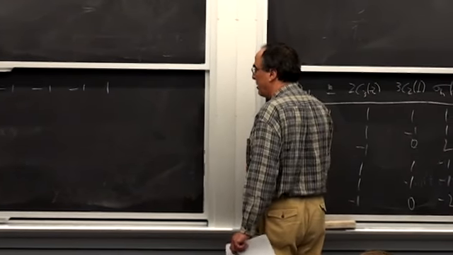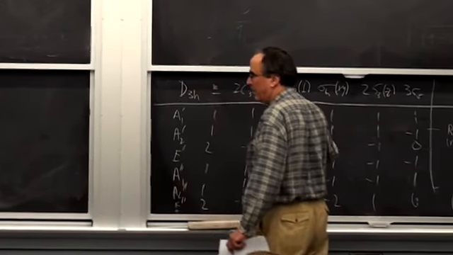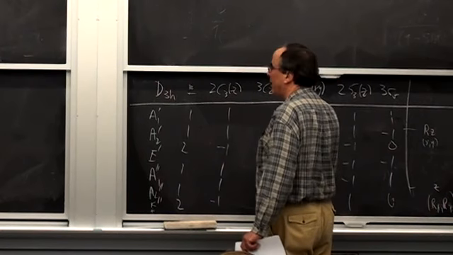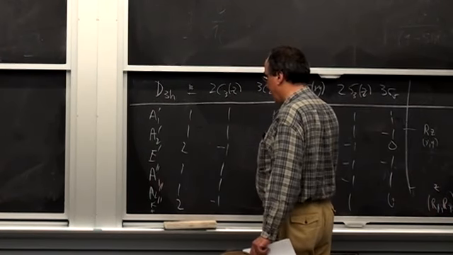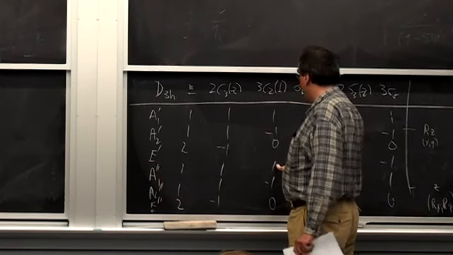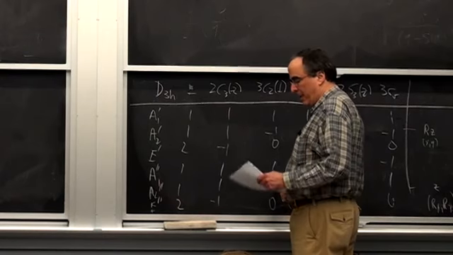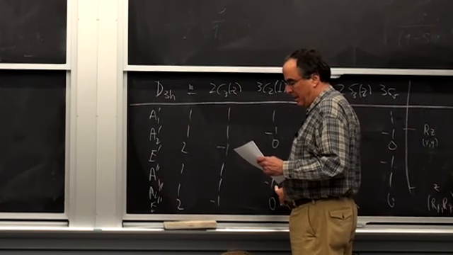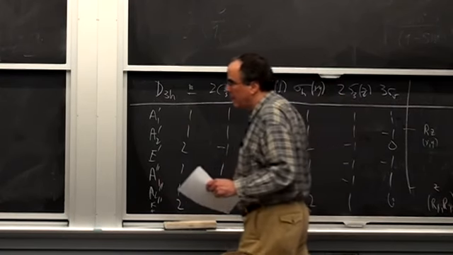And so we look for an irreducible representation that behaves that way. And it's not that one. It must be this one, A2 double prime. That's right.